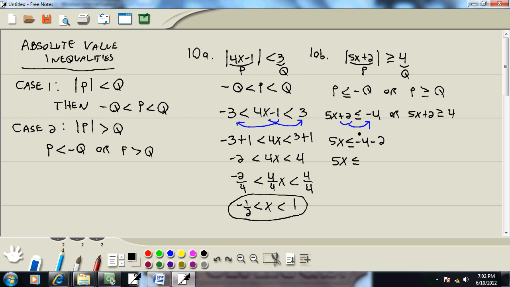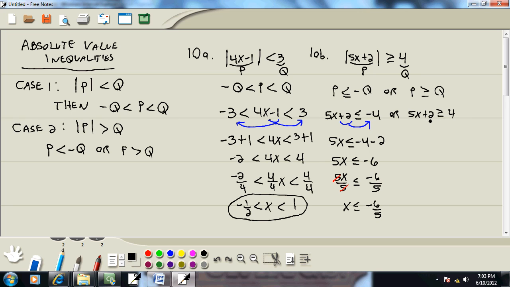This is linear inequalities, so you just solve each of these, following normal steps. Negative 4 minus 2 is negative 6. Divide both sides by 5. Those 5's will cancel. And that gives us x is less than or equal to negative 6/5.